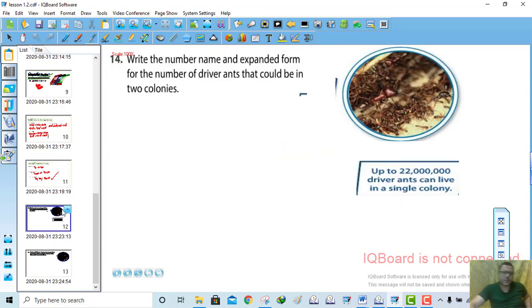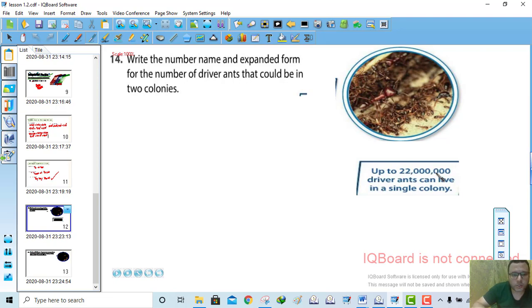Now, question number 14. Write the number name and expanded form. He's asking for two: number name and expanded form for the number of driver ants that could be in two colonies. Okay. As you see here, one of them contains 22 million. He's telling you here that one of them contains 22 million.